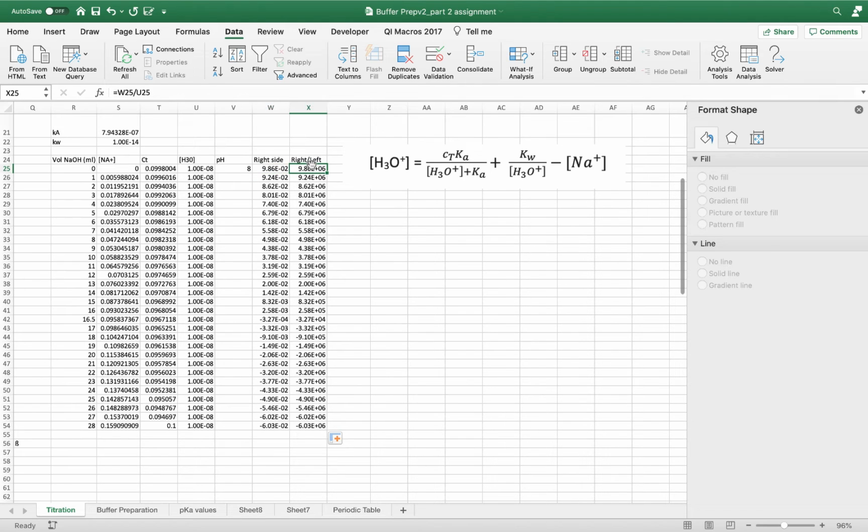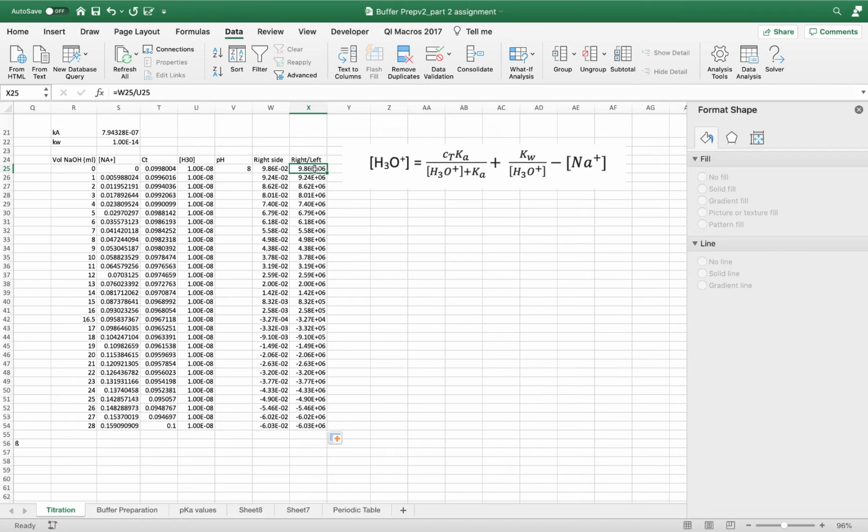The last column is your right over left. When these two values, the right and left side, are equal, that ratio will be 1. So what Goal Seek does is, given a value that you put in, in this case for our hydrogen ion, it will calculate the right-hand side.